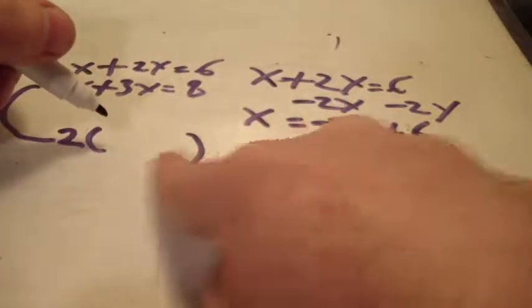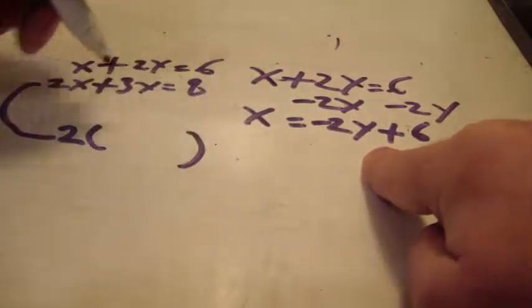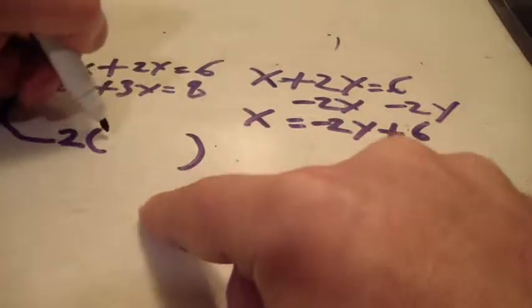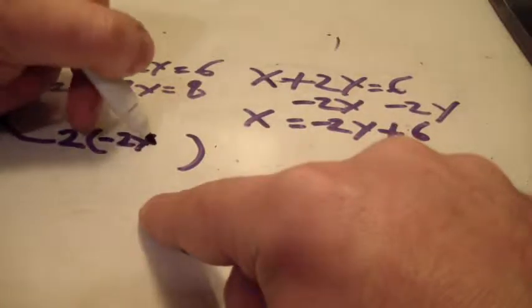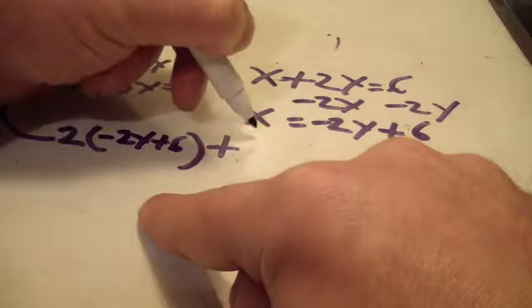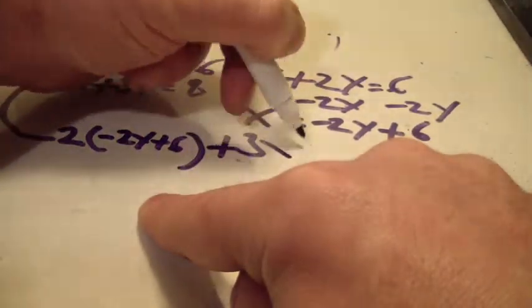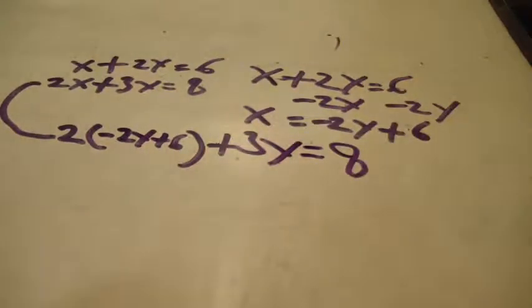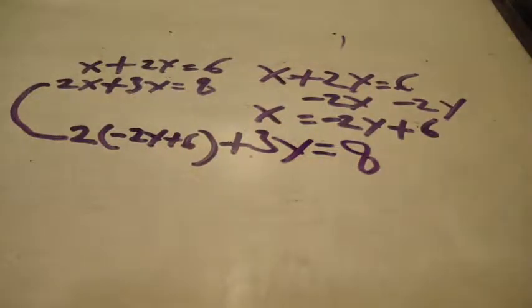We're going to simply move it right there. So 2 times negative 2y plus 6, plus 3y equals 8. A little goofy looking, I'm sorry.